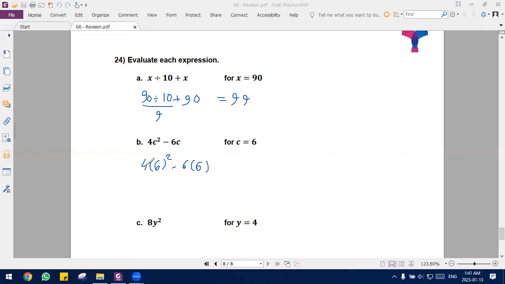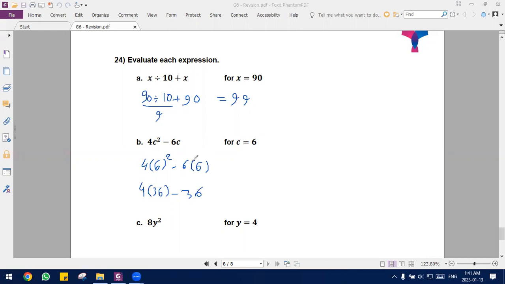Now, first of all, we work out the power first. 6 to the power of 2 is 36. And then 36 times 4. So we have here 4 times 36 minus 36. Here, 6 by 6.